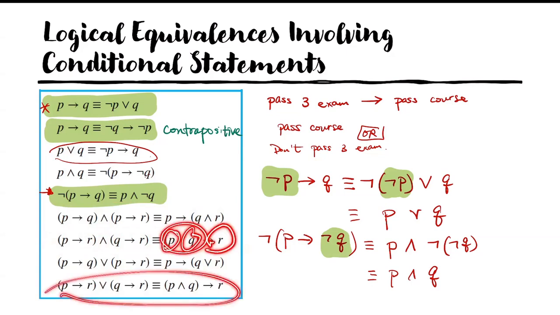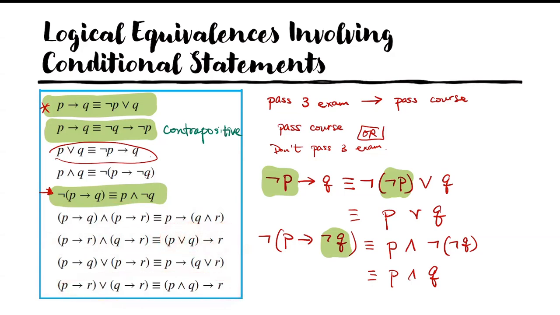Now the last one here is saying that you have P implies R or Q implies R. With this or relation here, you can't guarantee that P implies R or Q implies R. We don't know whether the first proposition is true or the second one is true, or both.